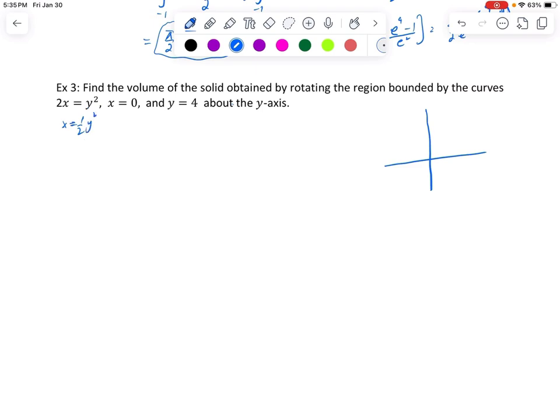Remember, something like this is a parabola opening to the right.